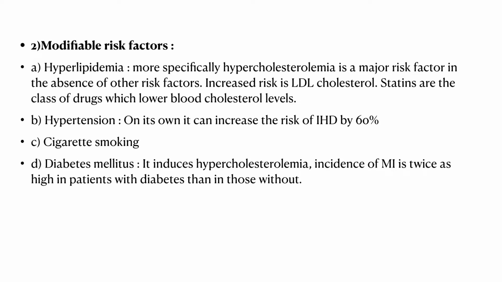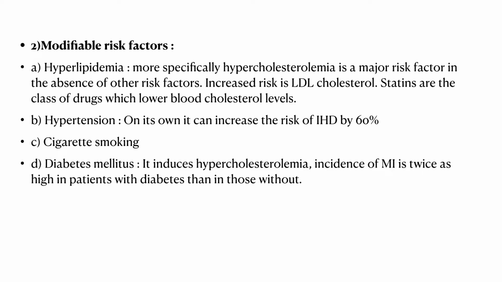The third is cigarette smoking. Cigarette smoking is a well-established cause of atherosclerosis in males and also accounts for incidence in women. If they stop smoking, then the risks fall substantially. The fourth is diabetes mellitus.